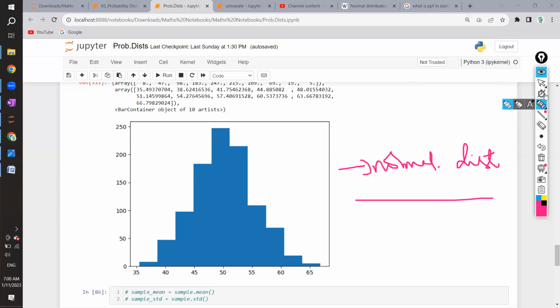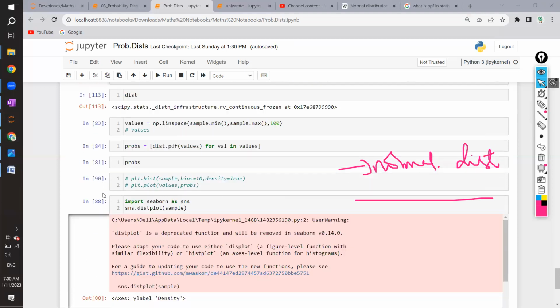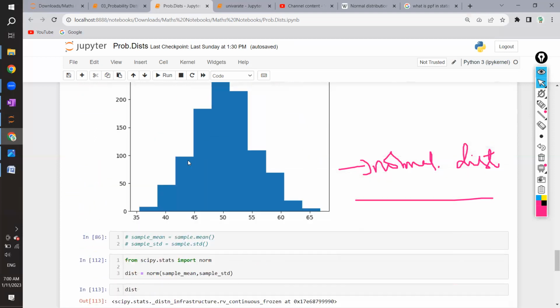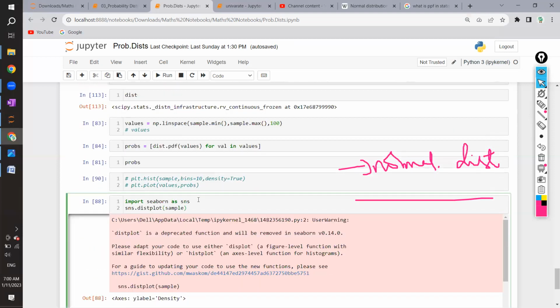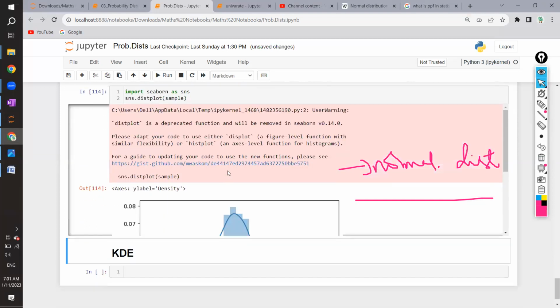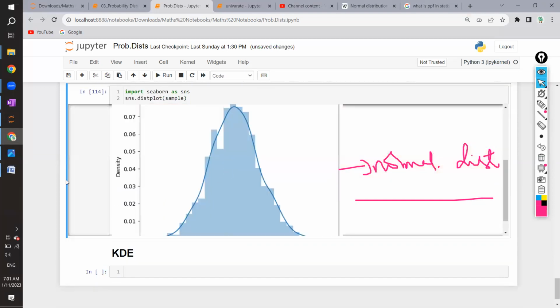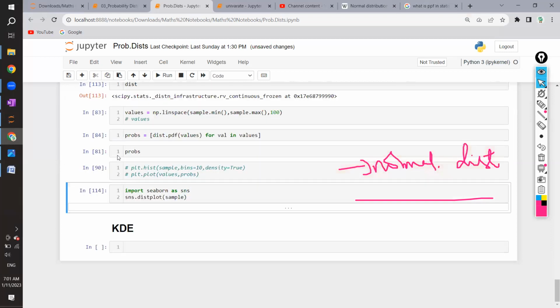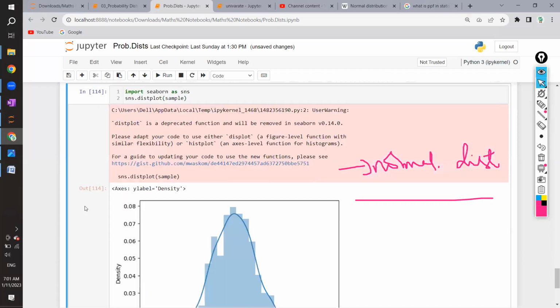And you can try to draw, for example, if you pass it to seaborn, you have a distribution plot. If you just pass the sample, whatever sample you have, it will give you the graph.